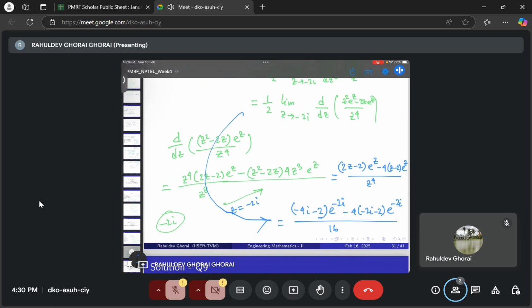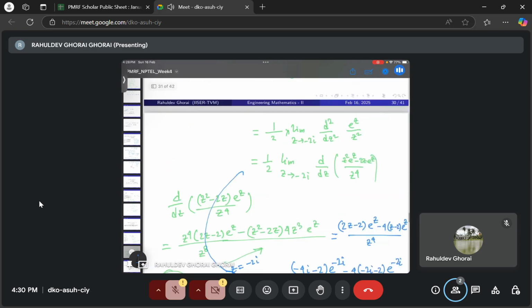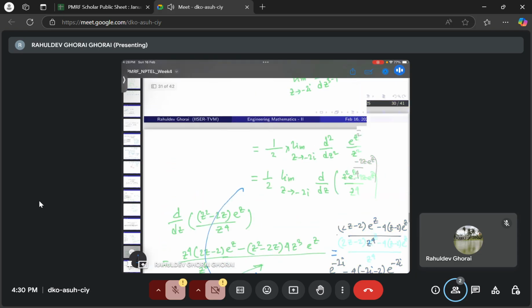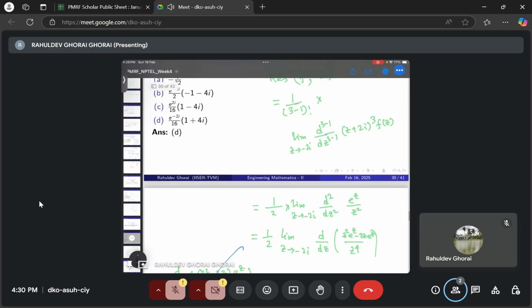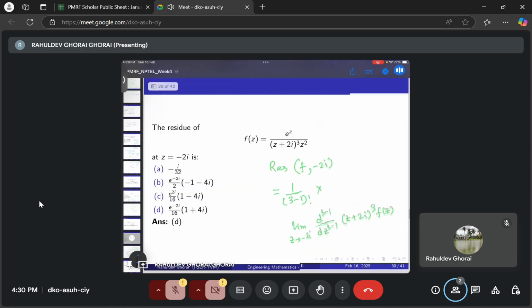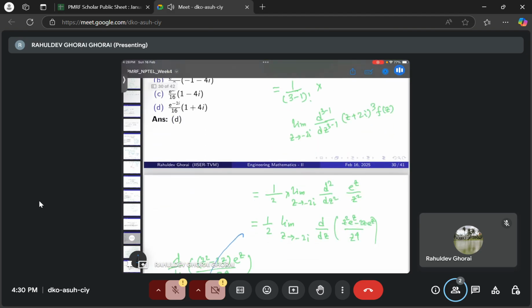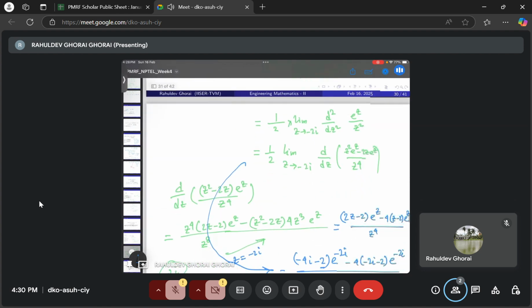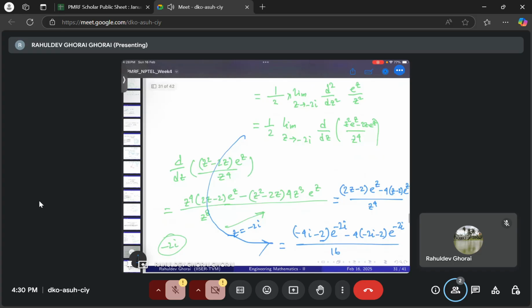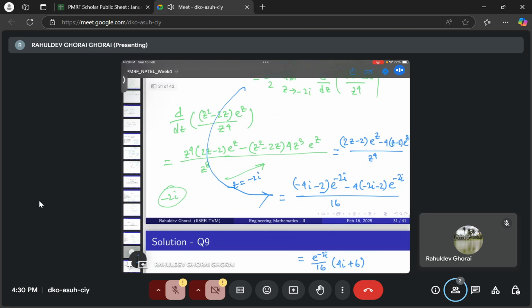Okay, so you try this one at home. Let me check once again also. So it is this, and e to the power z over, if the things are correct, e to the power z over z square, and we take z to the power 4, z square times z, then e to the power z minus 2z. Okay, so yeah, 1 over 2i will be there.